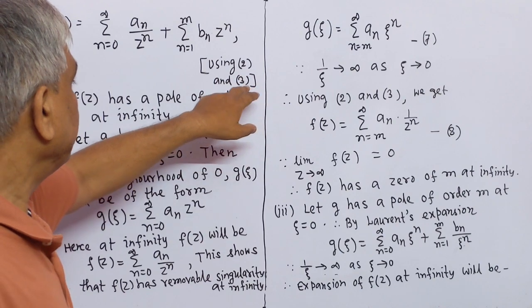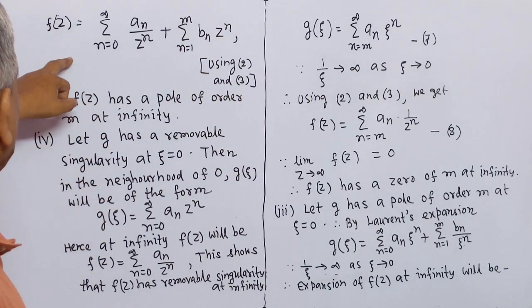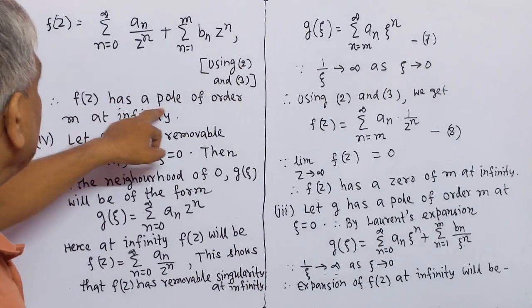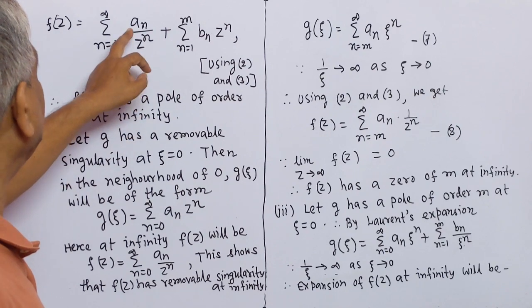By using 2 and 3 we get this. Therefore, the function f(z) has a pole of order m at infinity.